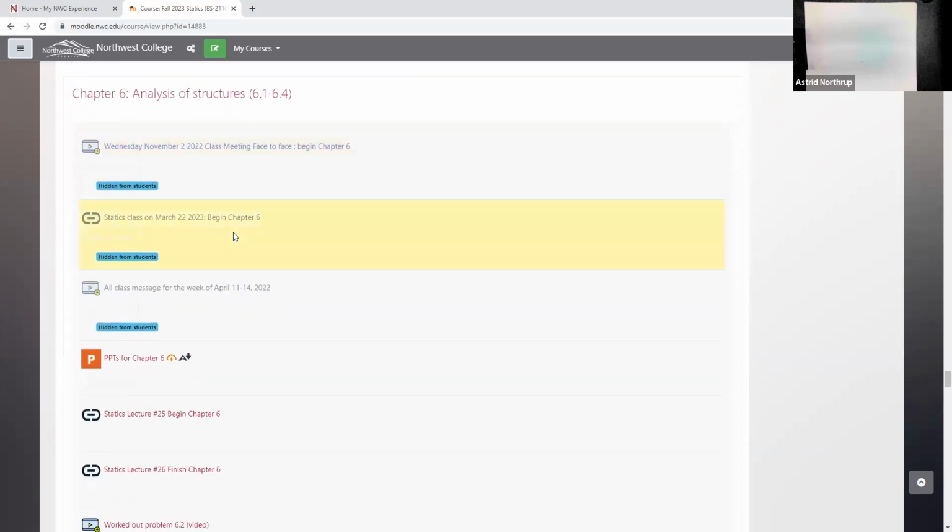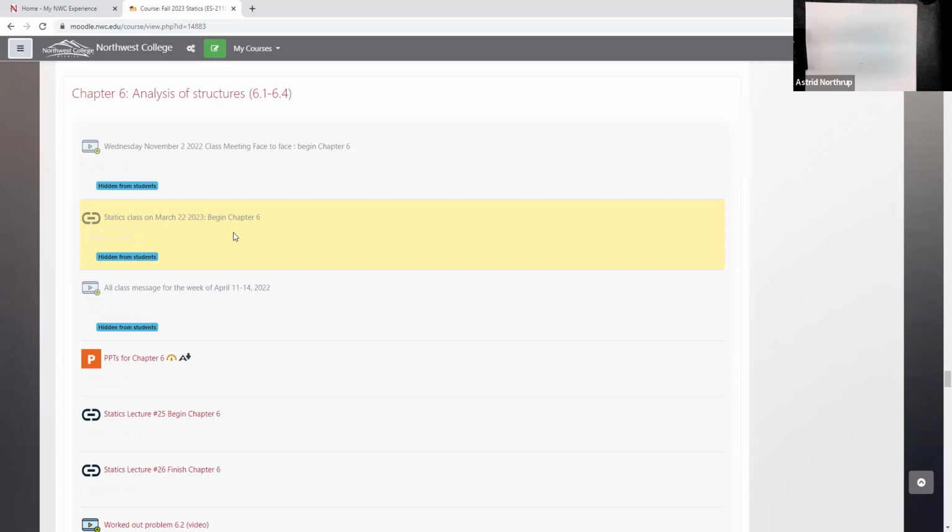Now, chapter 6 is the analysis of structures. We're covering section 6.1 through 6.4, and there are two methods that you need to learn. One is the method of joints, and the other is the method of sections. Some students have asked me if you could use the method of joints to do all of the problems, and the answer is not for this class.